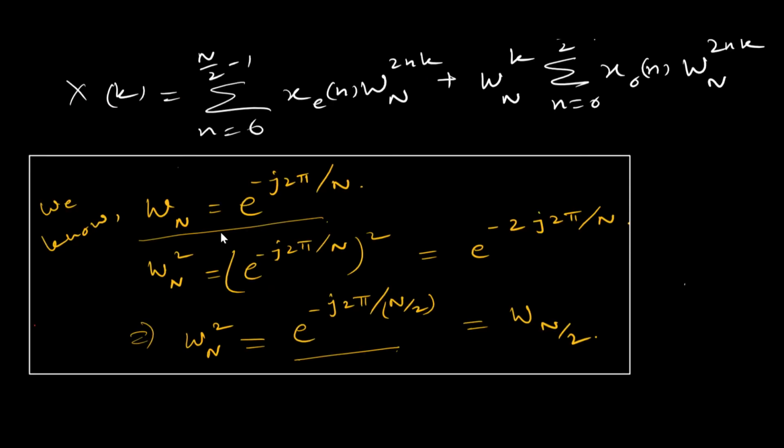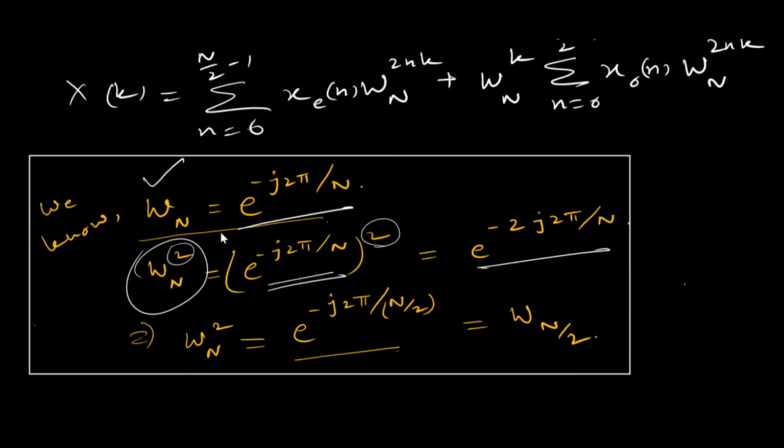Alright, now we know that the Twiddle factor W_N is equal to exponential of minus j 2 pi by N. If I square this Twiddle factor, this exponent will also get squared, or we can write it like this also. Now if I take this 2 into the denominator, it will become N by 2.